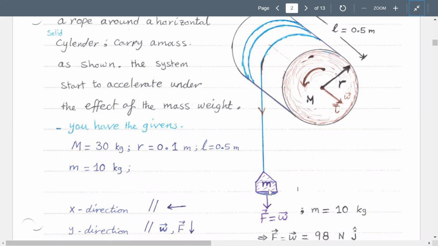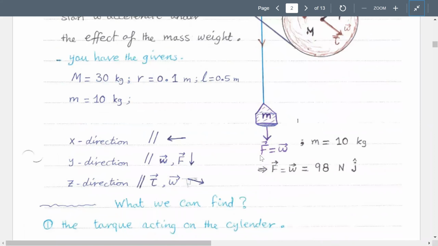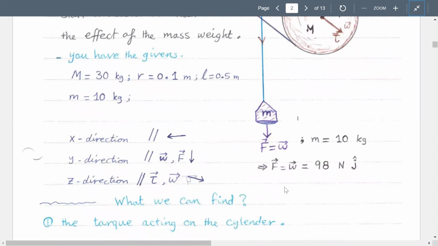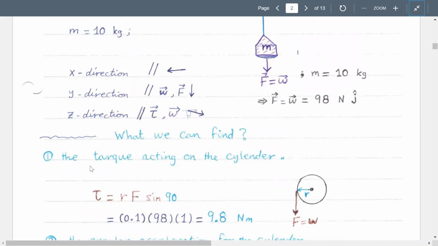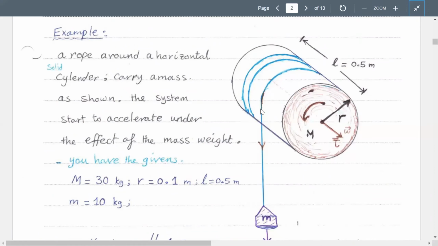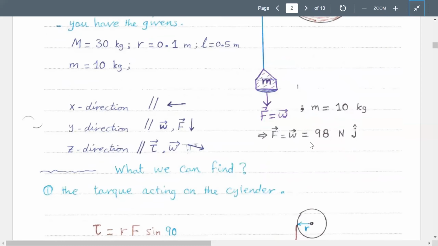The hanged mass is 10 kilograms, and we found the force due to this mass, which is its weight. Now simply, if we need to find things, what can we find? Yes, the torque acting on the cylinder. The torque is coming from this force, which is 98 newtons, as we see here.